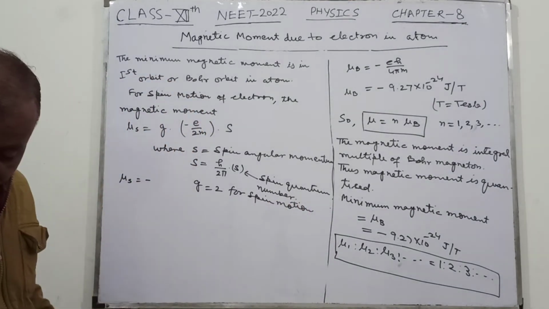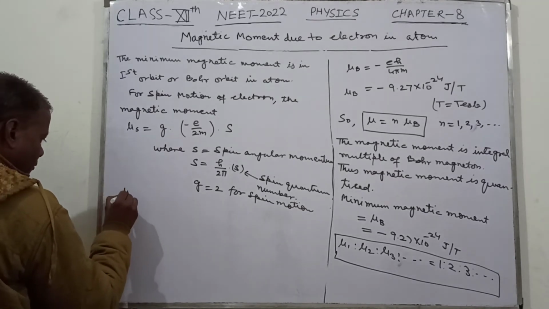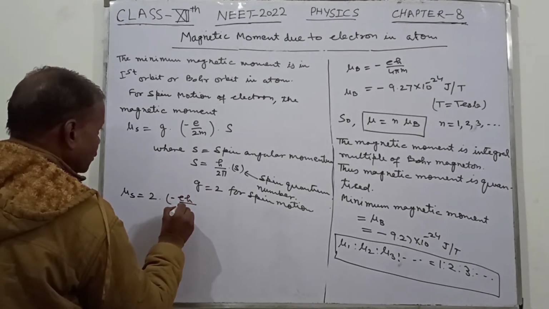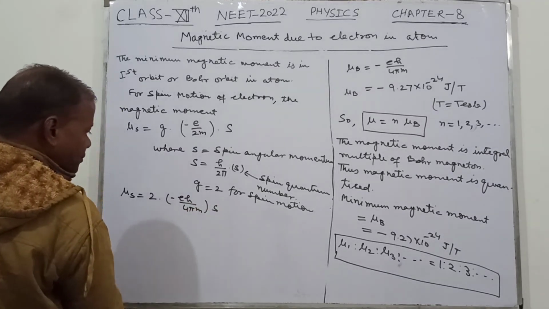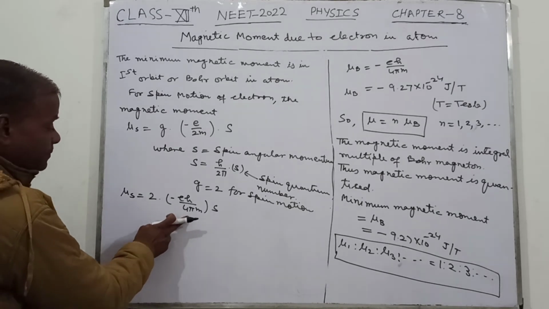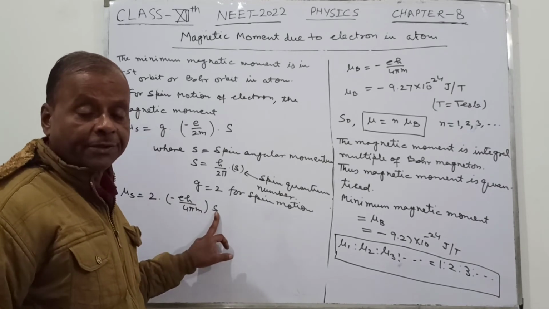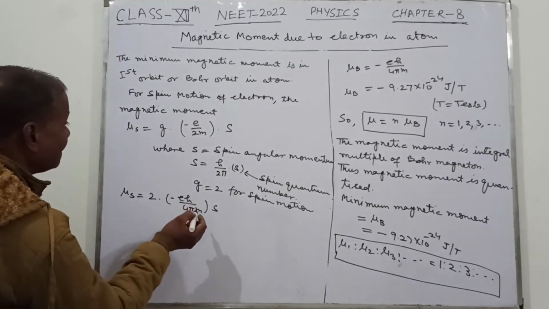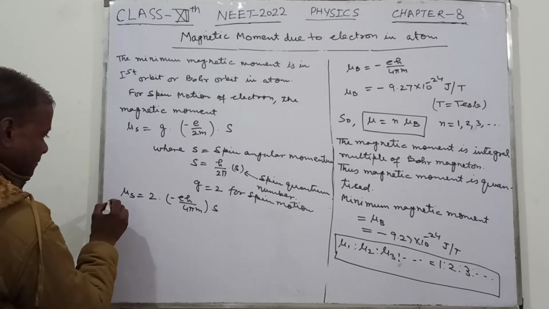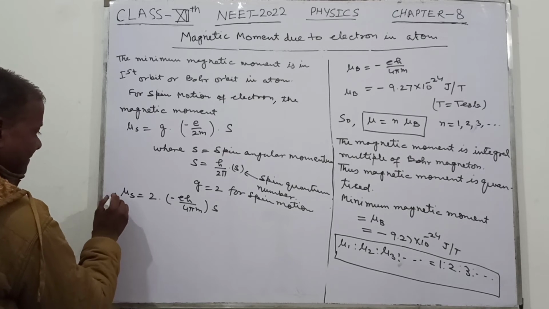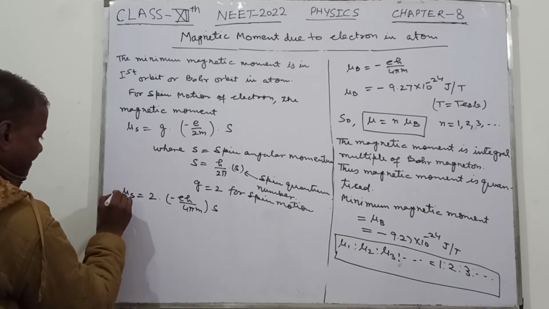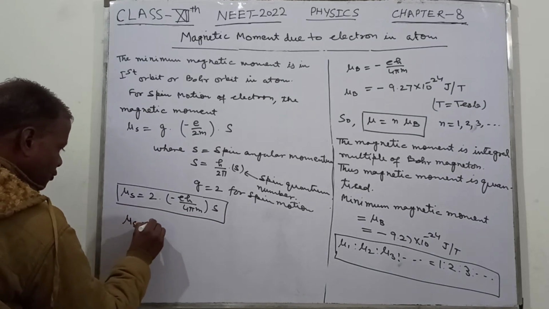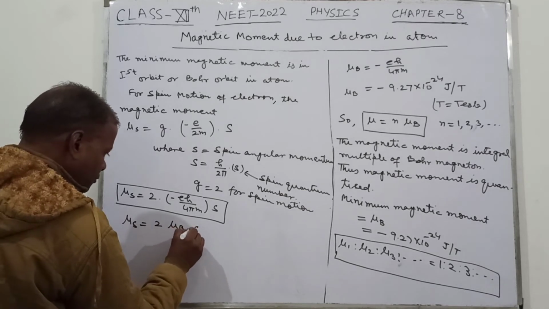So μ_s equals 2 into minus eh upon 4πm into S. Again we have the Bohr magneton here, and S has the value 1 by 2, so μ_s equals 2 μ_B into S.